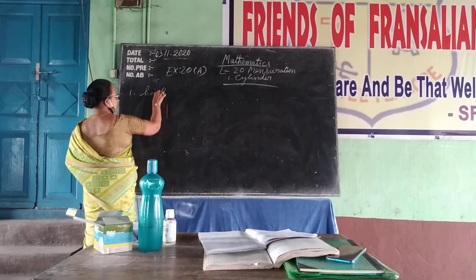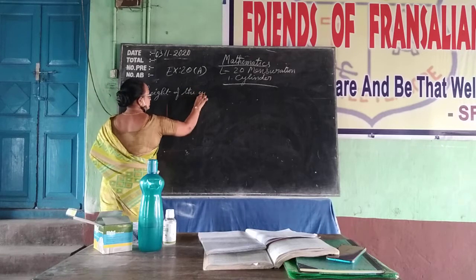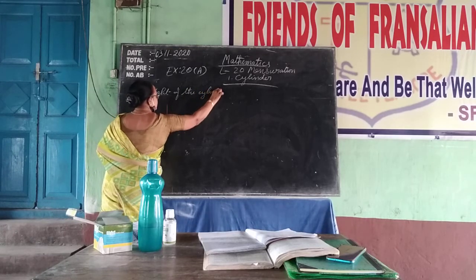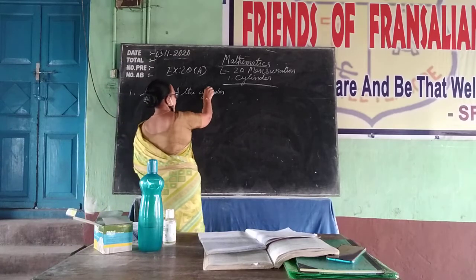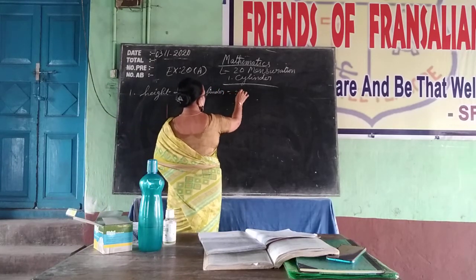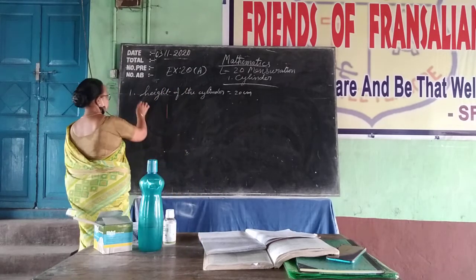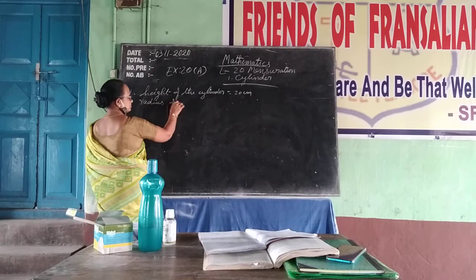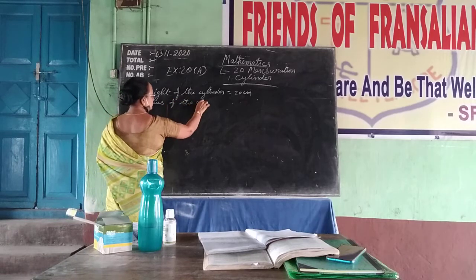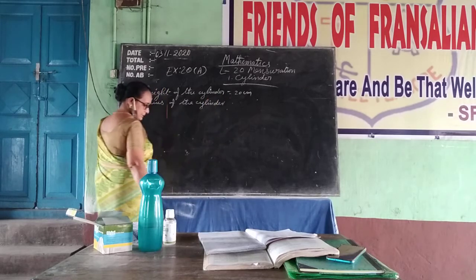Height of the cylinder, 20 centimeter. Radius of the cylinder, 7 centimeter.